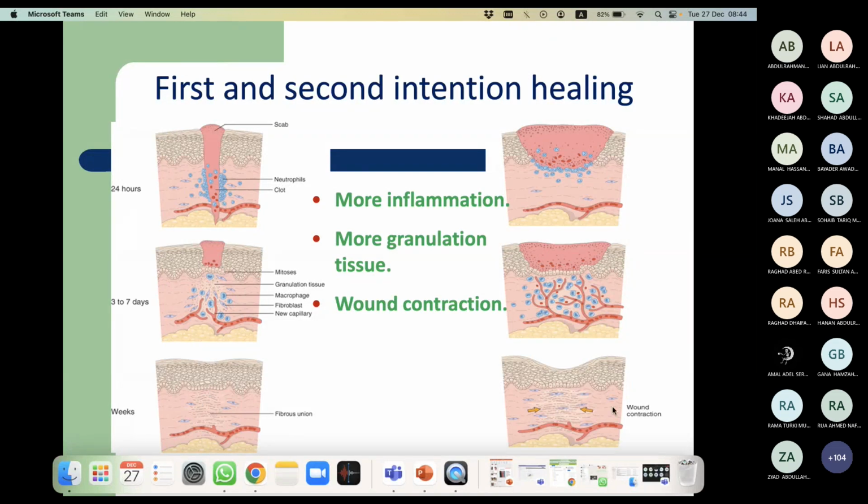But in second intention, the wound becomes small. It is contracted by the help of myofibroblasts. So this wound contraction can only occur in large wounds in second intention healing, not in first intention healing. So these are 3 main differences: more inflammation, more granulation tissue, and wound contraction.